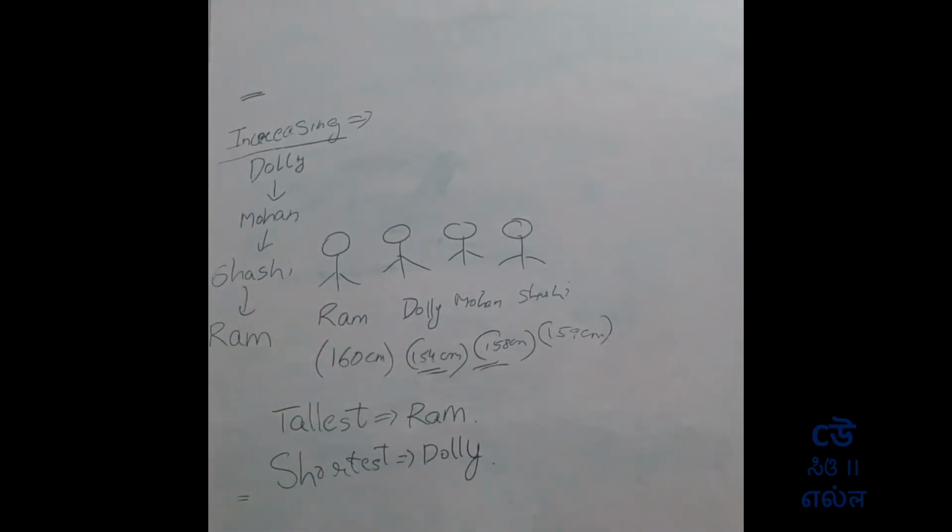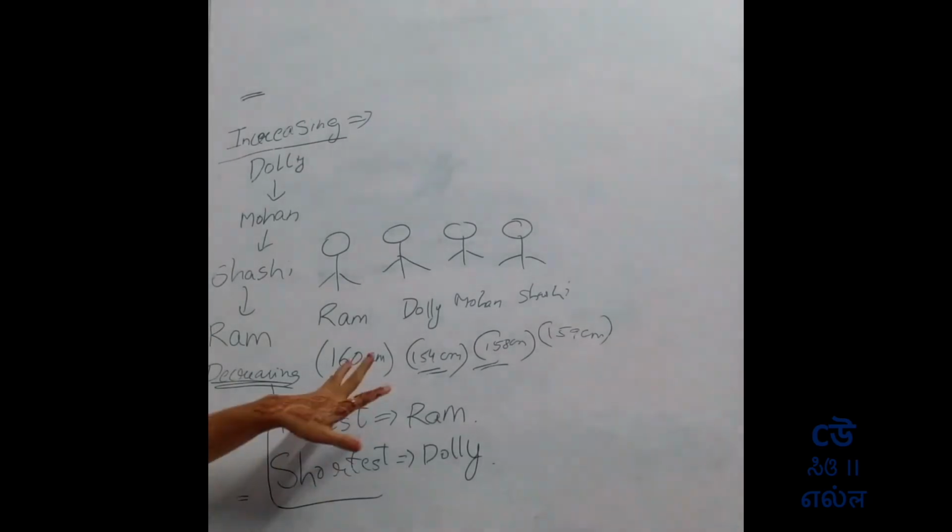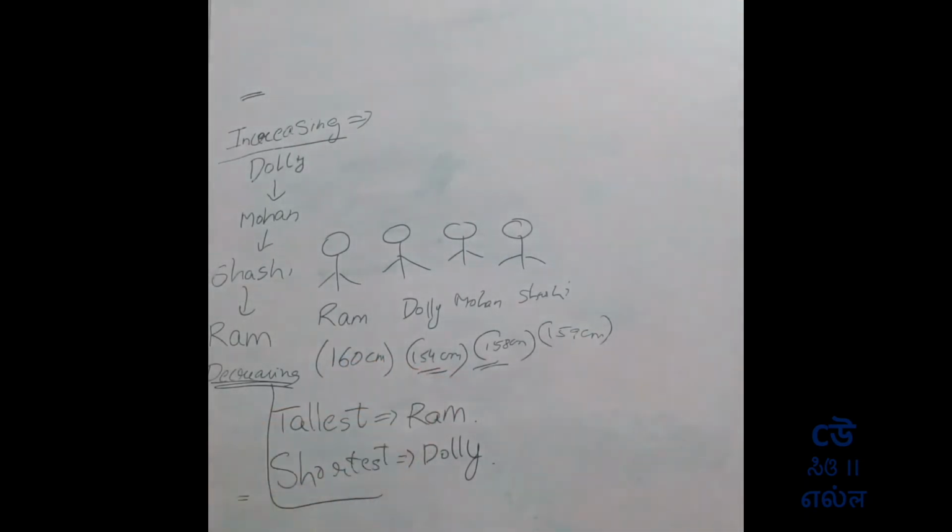Okay. Next, we will arrange these people in decreasing order. So first, who is taller among all of these? Decreasing means what? From big number to small number. So who is taller?